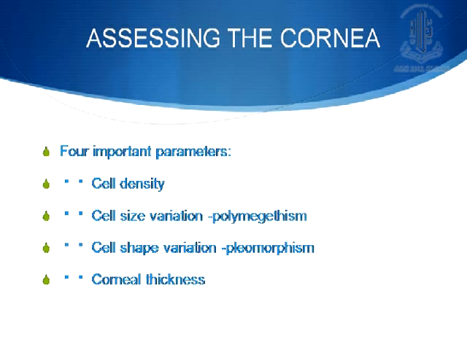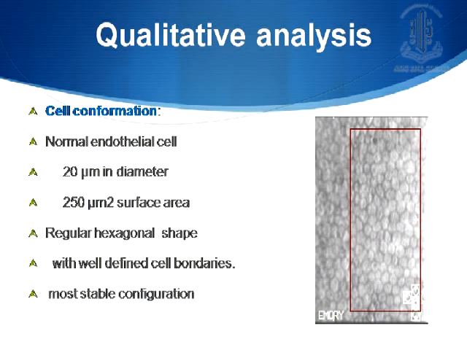Basically, we are trying to see three things. One is the density, the number of corneal endothelial cells, what is the variation of their size, and what is the variation of their shape. So these are the three things that we are looking at, and along with it, the specular microscope also gives us the corneal thickness.